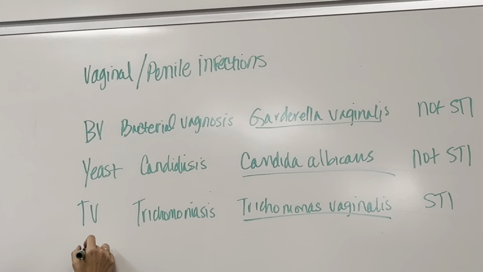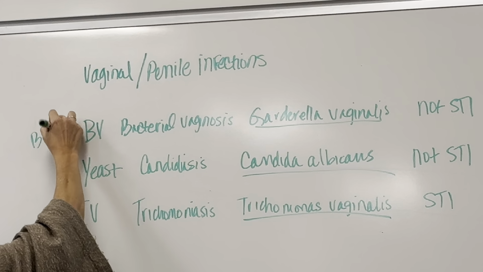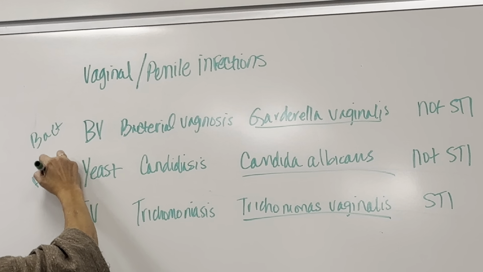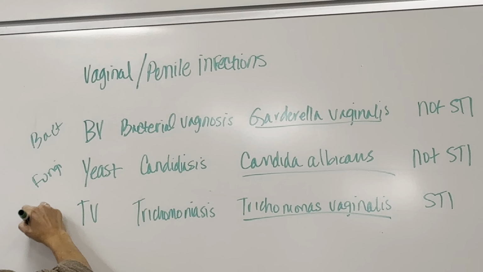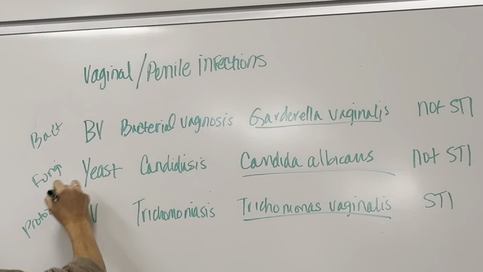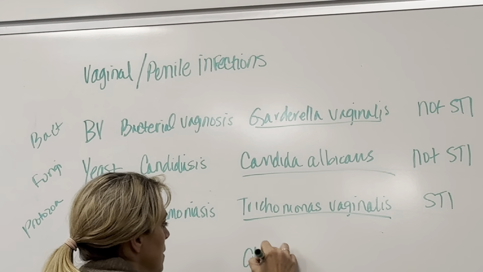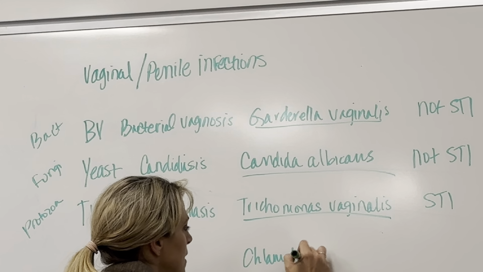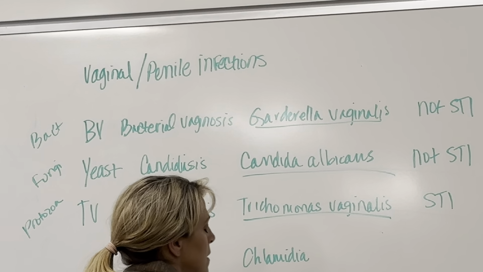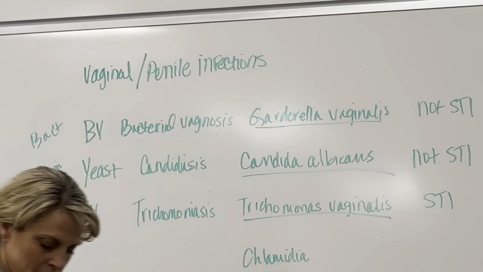Do you want to put the other ones up here? You'll have to help me spell them though. Here's bacteria. Here's fungi. This is protozoa. So we have chlamydia. How do you spell it?